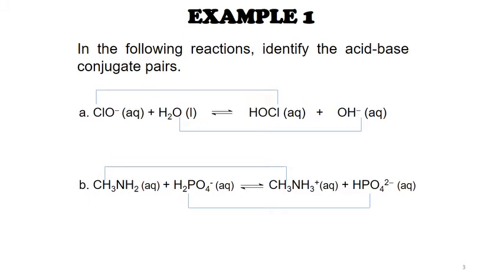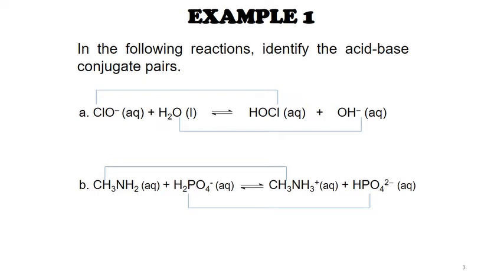A. ClO- plus water produces HOCl aqueous plus hydroxide ion. ClO- ion accepts a proton from water to produce HOCl.